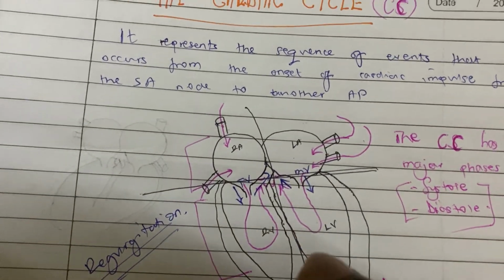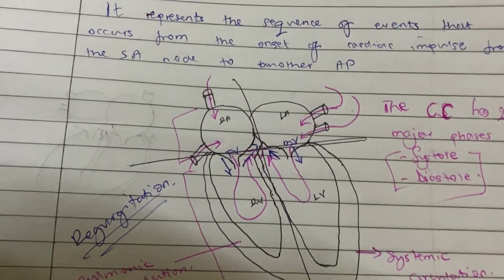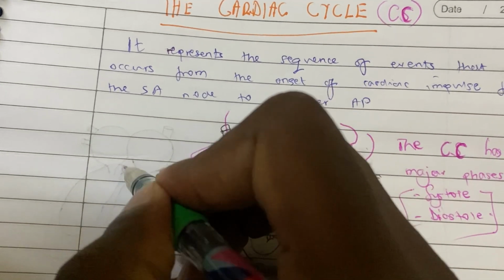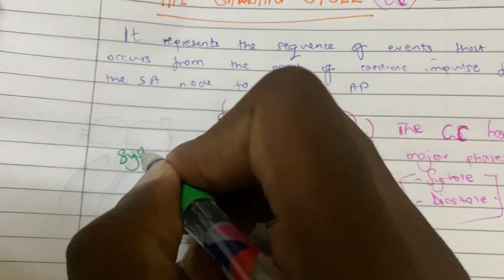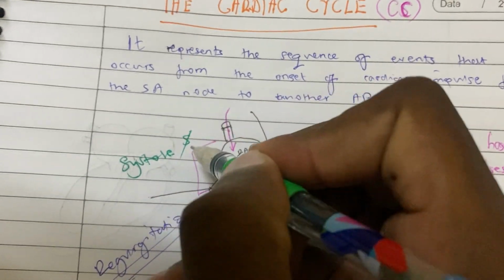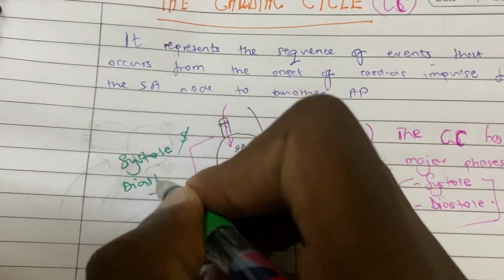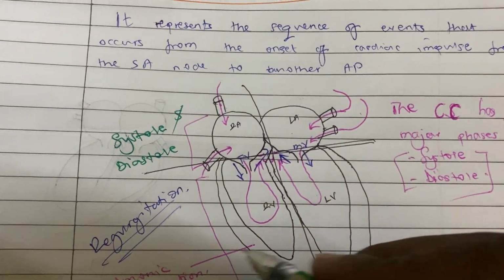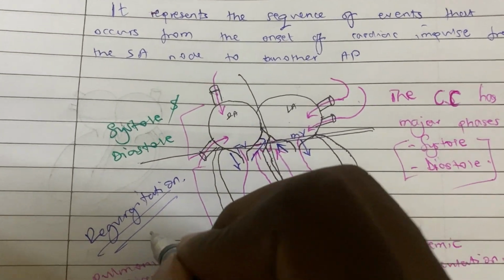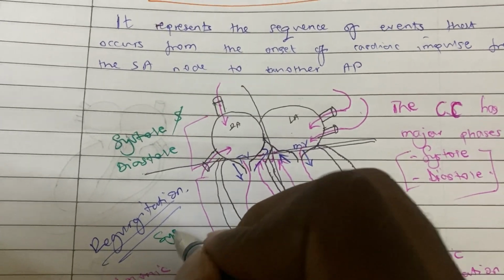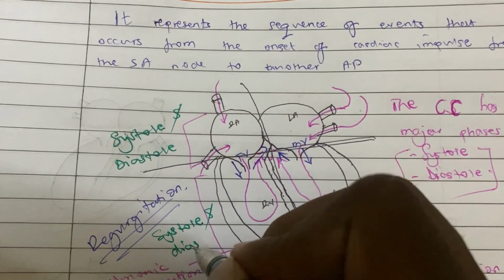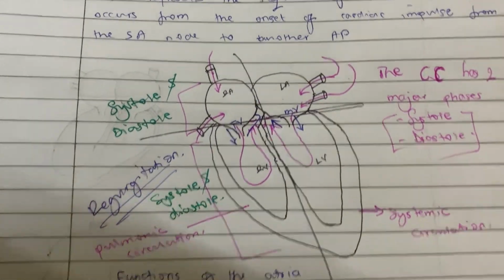Also the ventricles have their systole and diastole. So from the atria side, the atrial pump has both systole and diastole. The ventricular side also has its systole and diastole. What is diastole?